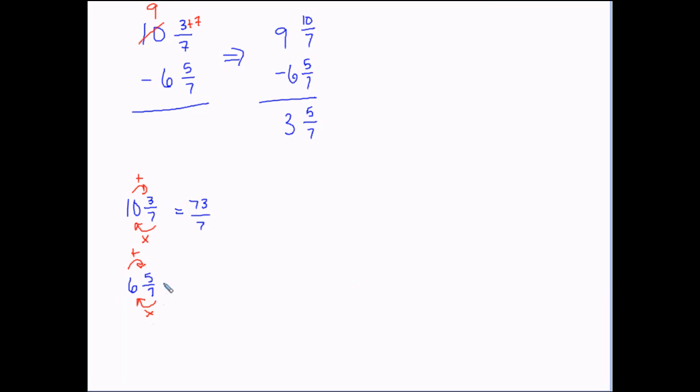So 42 plus 5 is 47. So I do 73/7 minus 47/7, and then I just can subtract 73 minus 47, which is 26.